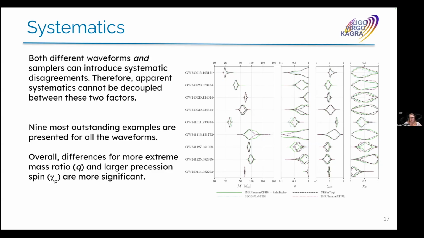And in the paper and here on the slide, we present the 9 examples for which the systematics are most significant. And you can see that the differences for more extreme mass ratio values, q, in the second column from the left, and larger precession spin, chi-p, in the very right-hand column, are the most significant differences that we see in these systematics. If we move on to the next slide.